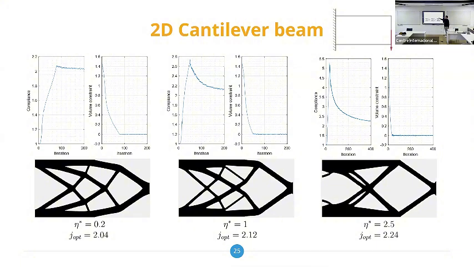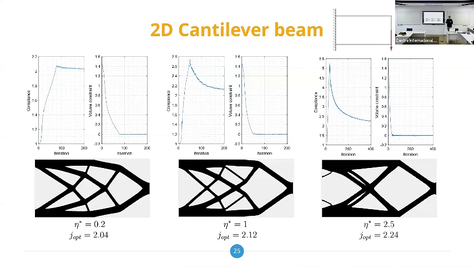But the compliance is the lowest of the 3 cases, because we're giving a lot of importance to the cost function. With the highest eta star, we can see the volume constraint goes directly to 0, but the final compliance is worse because we're giving more importance to the constraint. In general, for all cases, the problem is successfully solved, but we can see a small issue, and that is these oscillations near the target region.